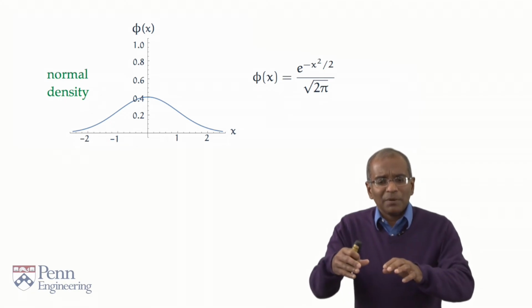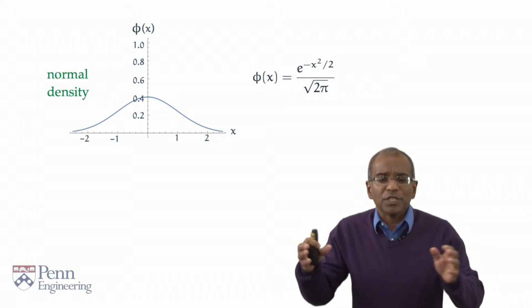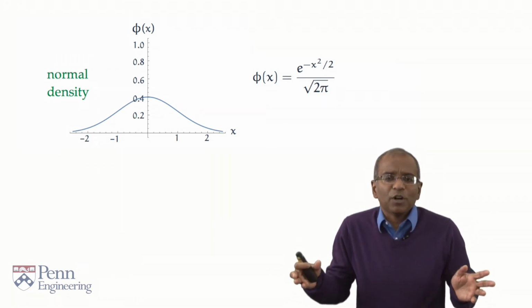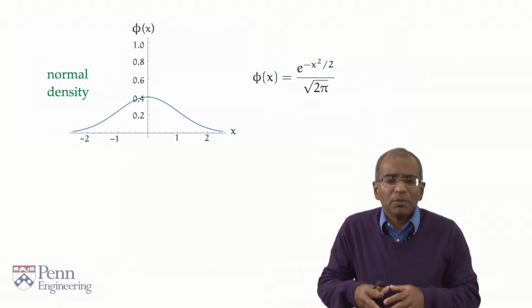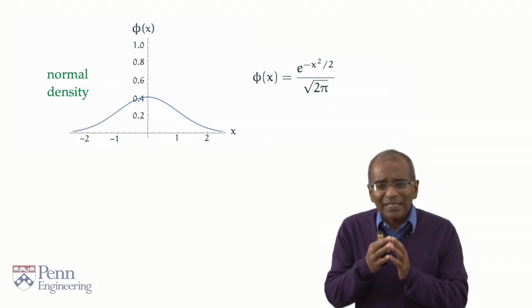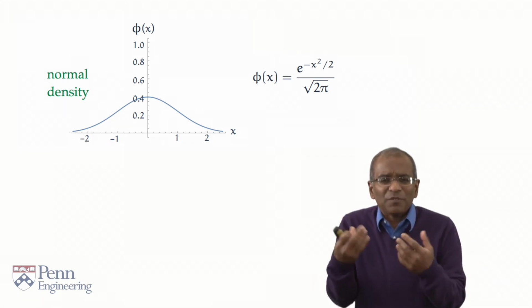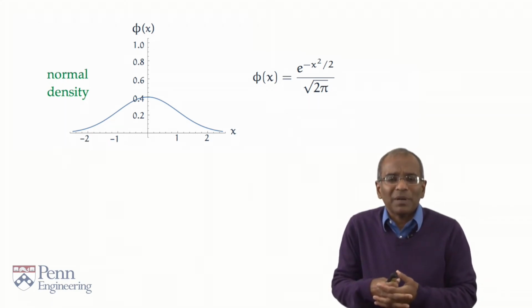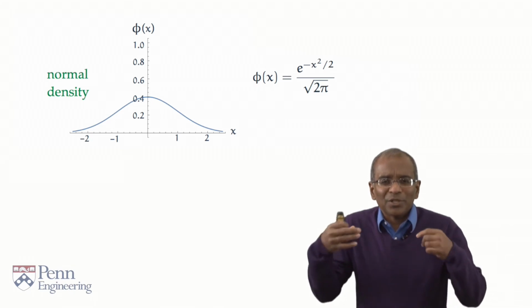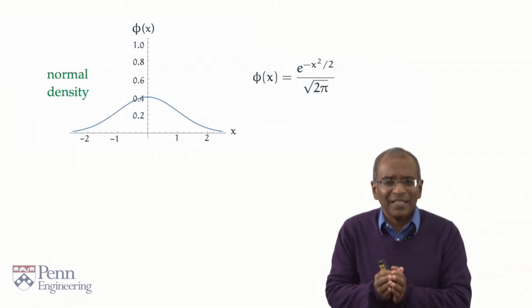Okay, now it's clear that this function is strictly positive everywhere. Why? Because the exponential function is always positive. So positivity is trite. It's not so clear that it is in fact properly normalized. Where does that mysterious factor square root of 2 pi come from? The moment you see pi, you start thinking of a circle perhaps, but there's no circle in evidence here.